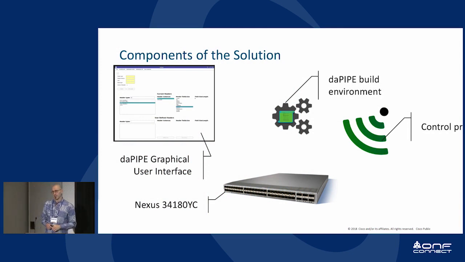The environment is actually composed of two different components. A graphical user interface just to help the user write code, and also limiting the kind of actions that the user can do, and providing a little bit of insight into the pre-existing code already uploaded on the switch, but in a guided way.